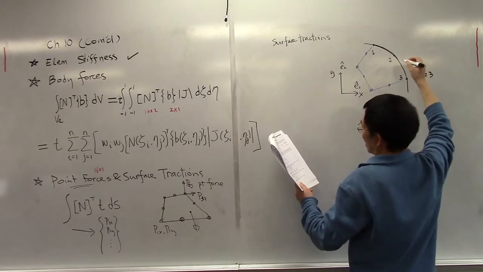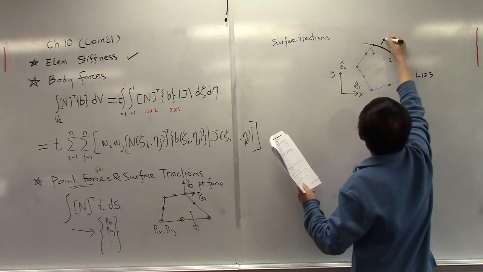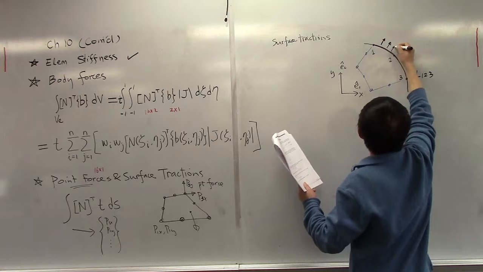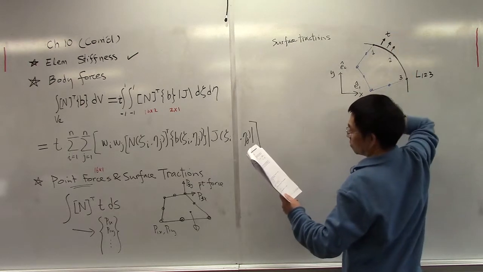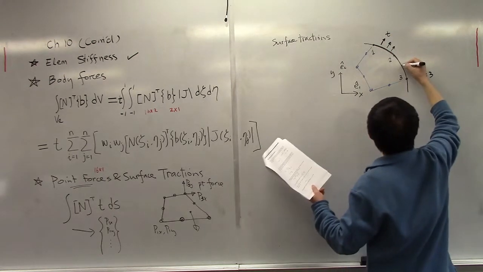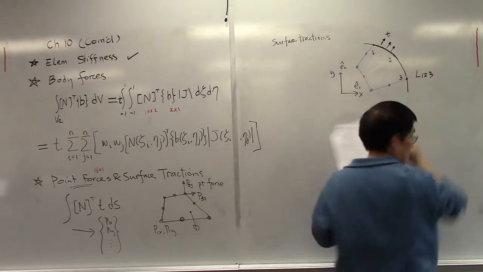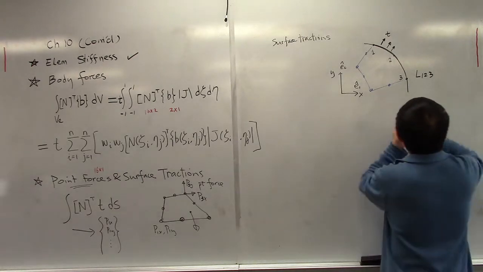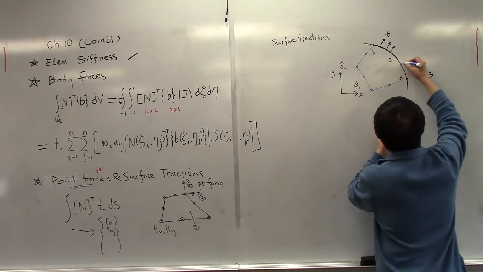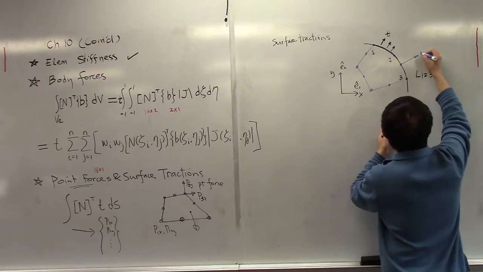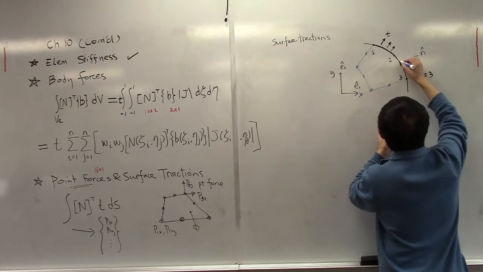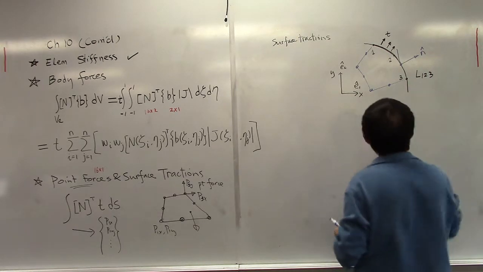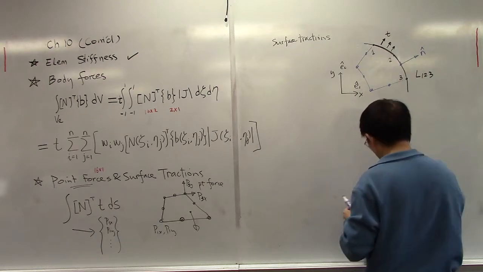Okay, and then these are the surface tractions, T. Okay, let's put a generic point here. For this generic point, locally there is the normal direction, and there's the tangential direction.